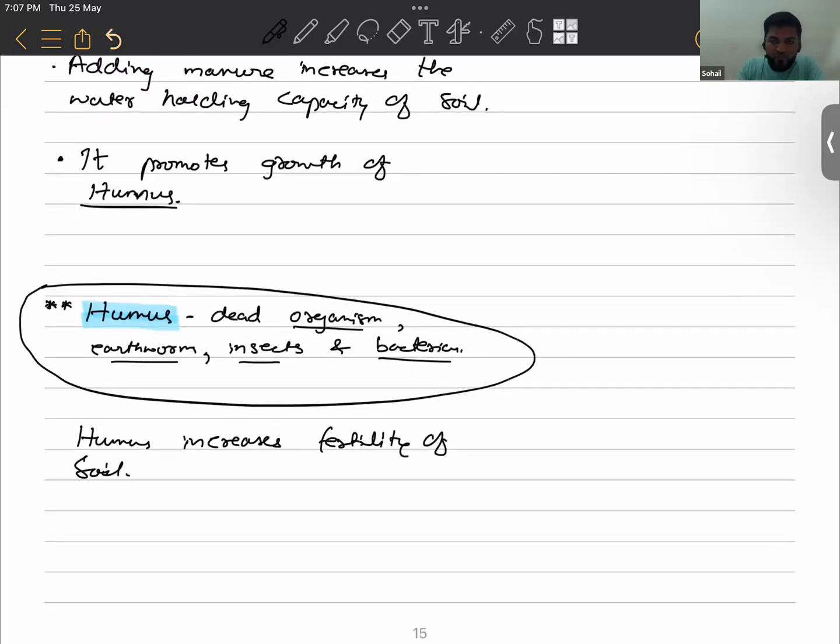Now there's a worm that is actually called farmer's friend, friend of farmers. Which is that worm? I've actually written the name of that worm here. Earthworm. They are called farmer's friend. Can you think of the reason why they are called farmer's friend? Because it is part of the humus.